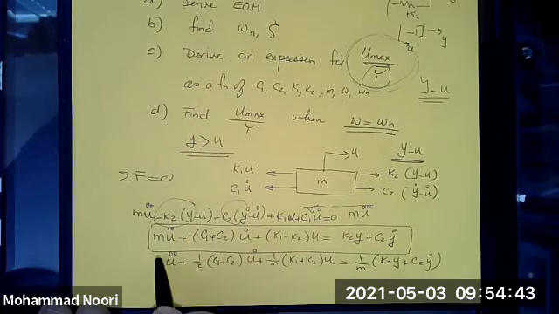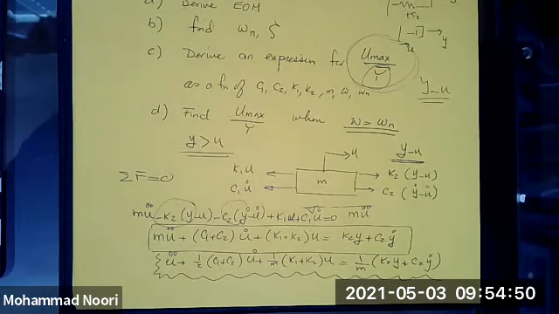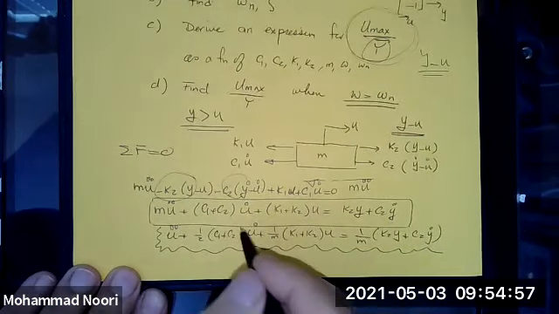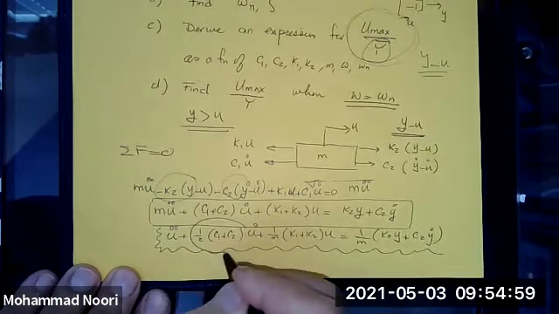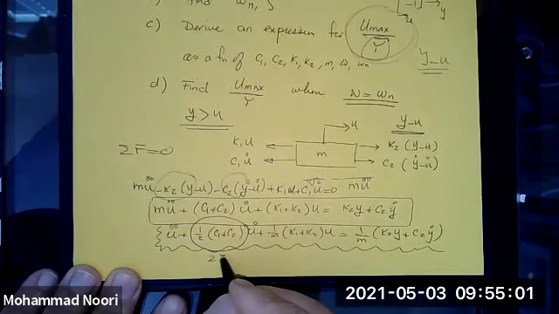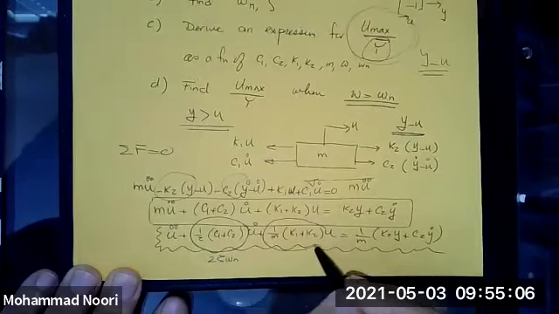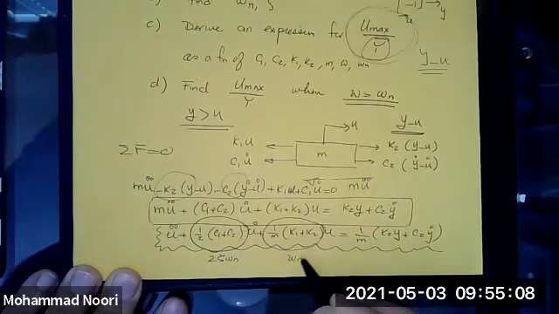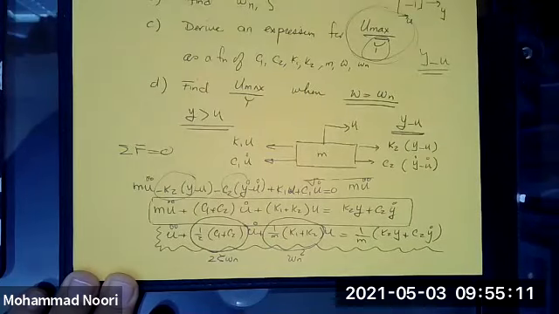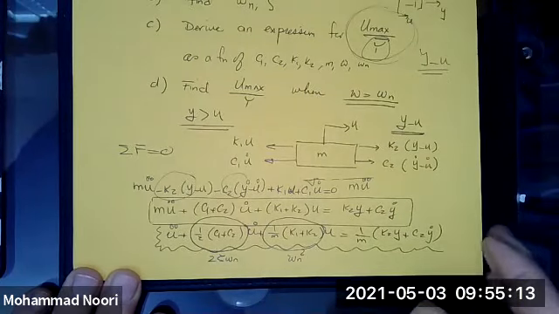So I just converted that form to this form. And why is that? Because now this is 2 zeta omega n, and this is omega n squared. Okay, so let's substitute those values for these parameters.